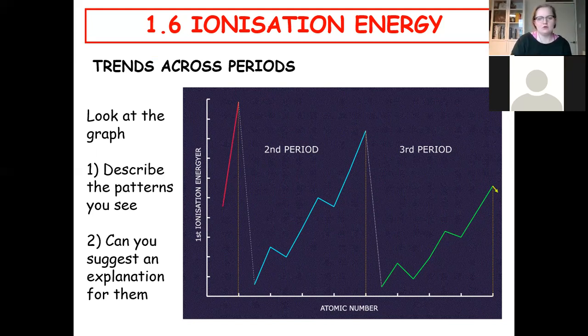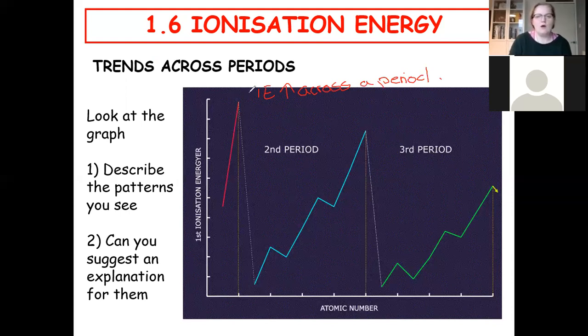So as we're going across a period, from the beginning of the second period and the beginning of the third period, what we start to see is our ionization energy increases across a period. It increases as we go across the period.